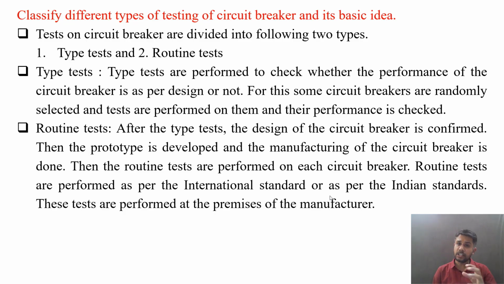For this, some circuit breakers are randomly selected and tests are performed on them and their performance is checked. What about the routine test is, after the type test, the design of the circuit breaker is confirmed. Then the prototype is developed and the manufacturing of the circuit breaker is done.